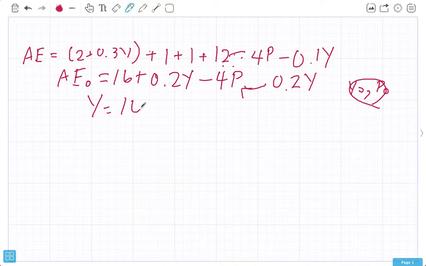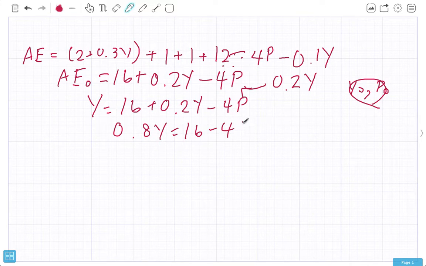So you have y equals 16 plus 0.2y minus 4p. And then you'd solve for y, so you have 0.8y equals 16 minus 4p, and y equals 20 minus 5p. And this is your AD.